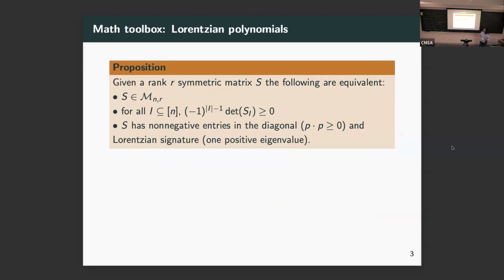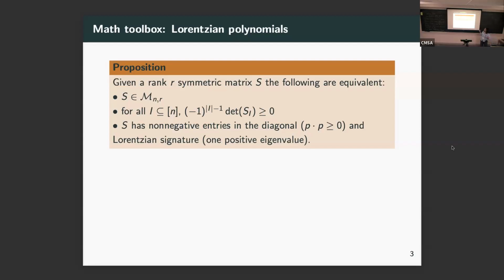And basically what gave us the motivation to do this project is that from the very definition, there is a connection with something that has been independently studied in combinatorics for different reasons, and this is Lorentzian polynomials. And so given a rank r symmetric matrix, we have three different equivalent ways of thinking about it as representing a configuration of particles.